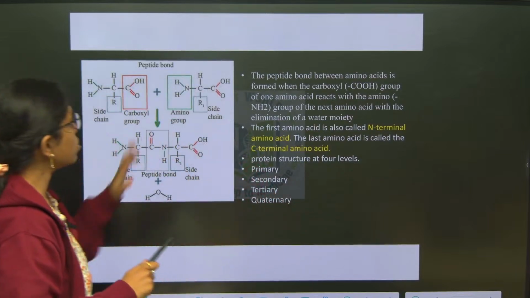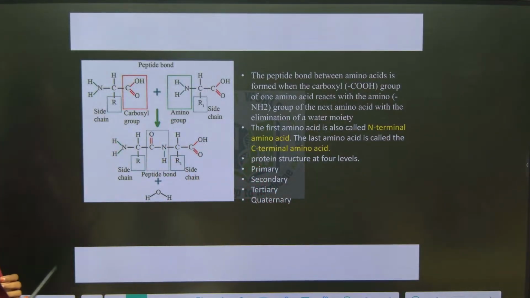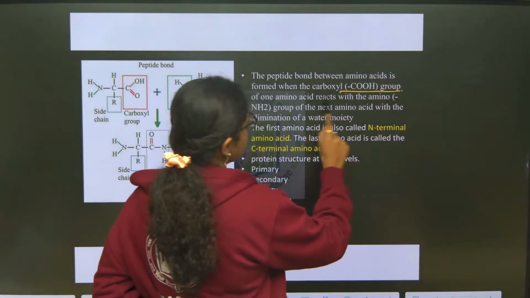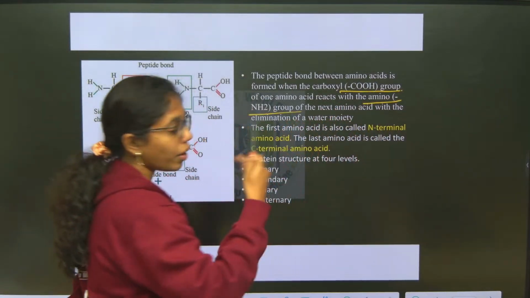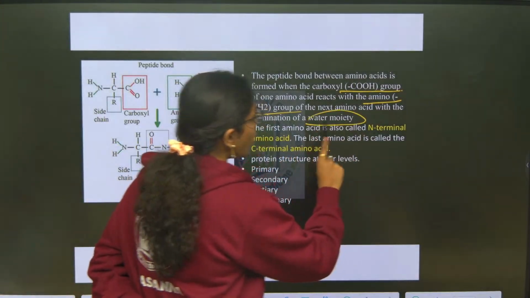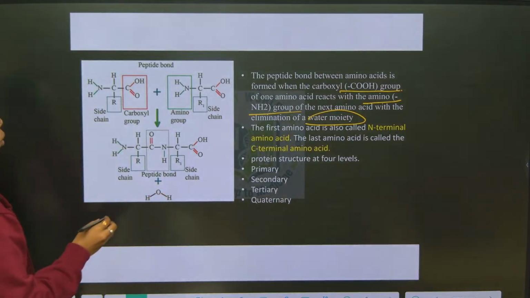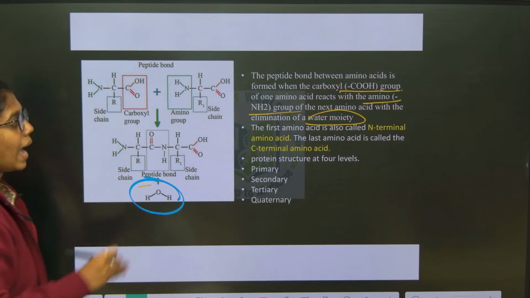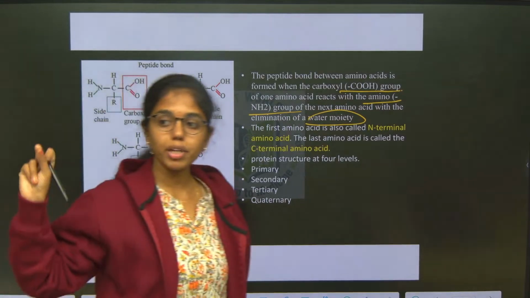The peptide bond between amino acids is formed when the carboxyl group of one amino acid reacts with the amino group of the next amino acid. This bond also eliminates what? Water moiety. Water will be eliminated, same as you see in the glycosidic bond. As such, a chain of amino acids is formed.